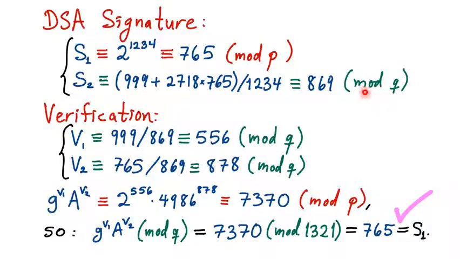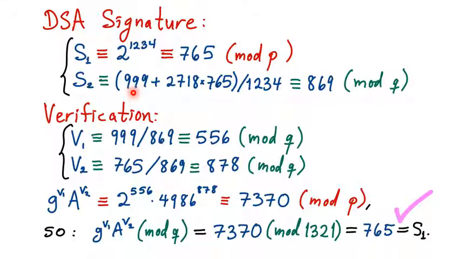But since we're working modulo Q and Q is a prime, this is okay. I can write division. And if you do this modulo Q, you get 869. So those two pieces, 765 and 869, constitute the DSA signature of the document 999.